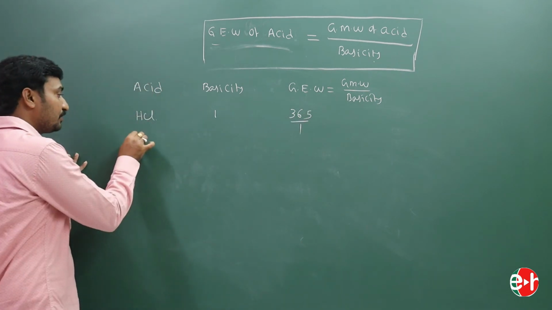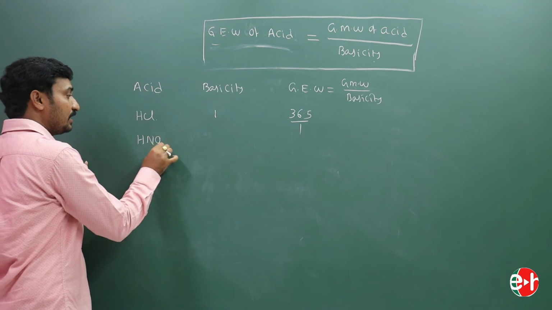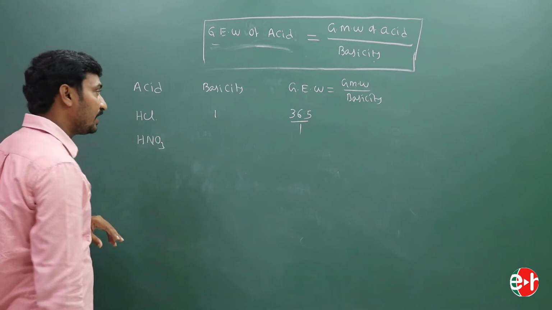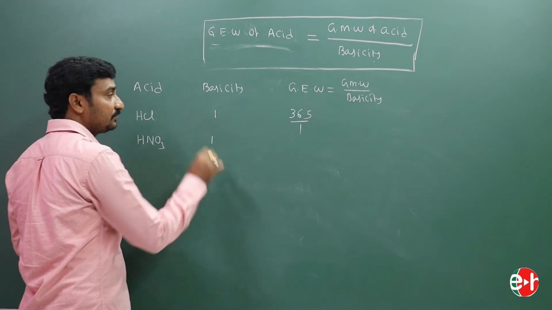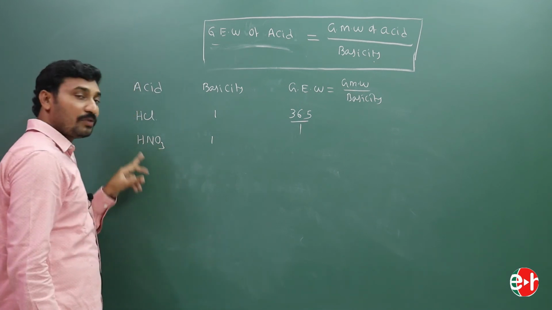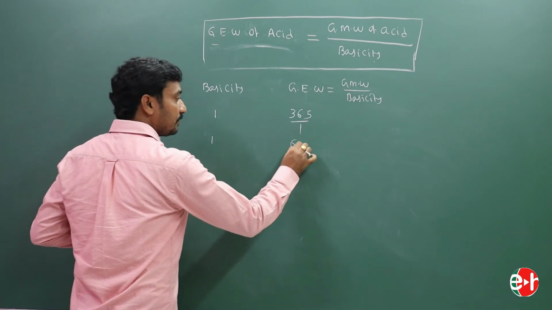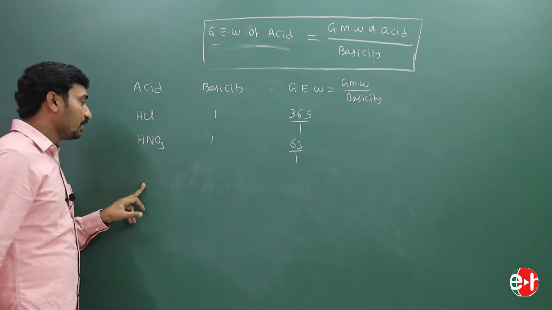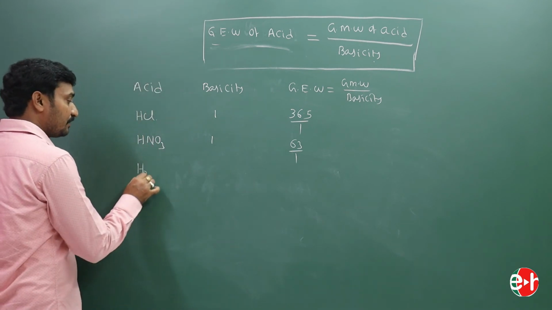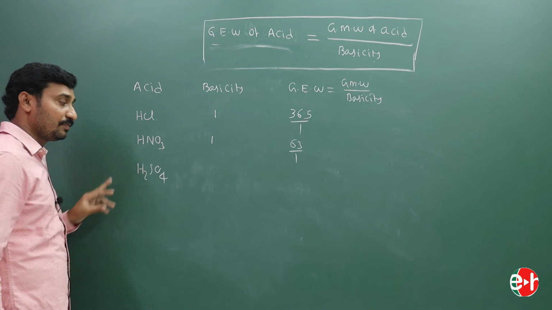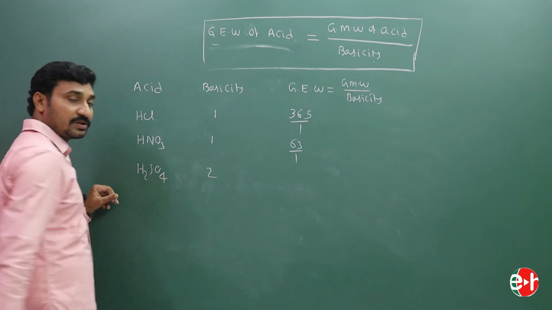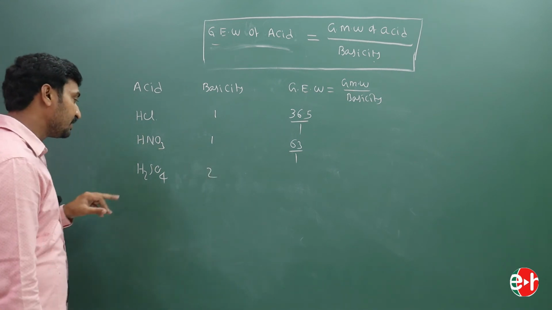HNO3, nitric acid, basicity 1, gram equivalent weight: molecular weight 63 by 1. Next, H2SO4, sulfuric acid, basicity 2.